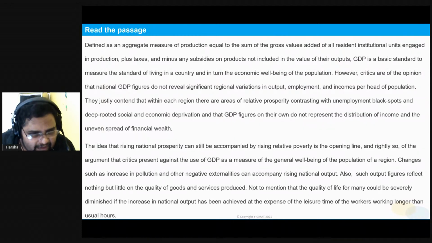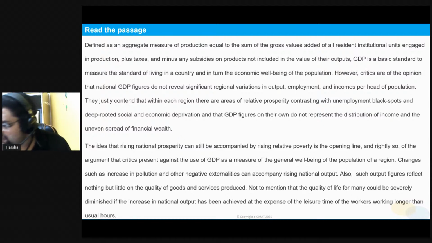All right. So, put in your comments, guys. How was this passage for you? Meanwhile, let me look at some accuracy numbers for the batch.